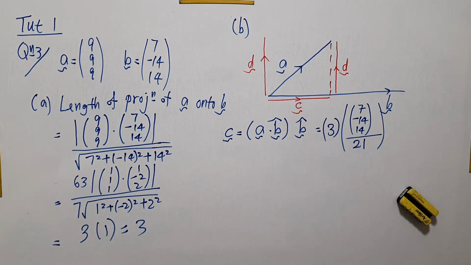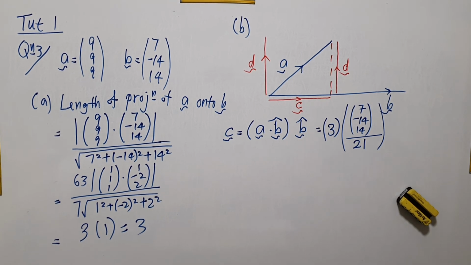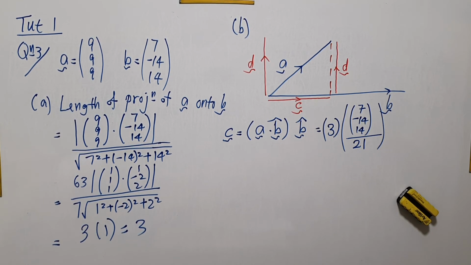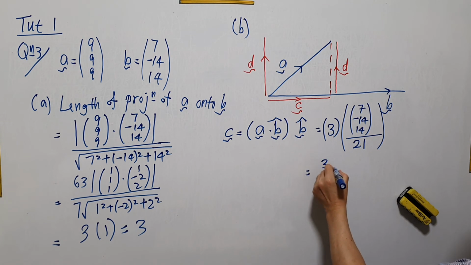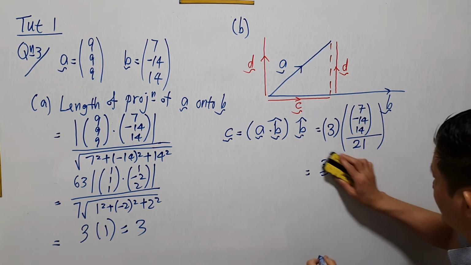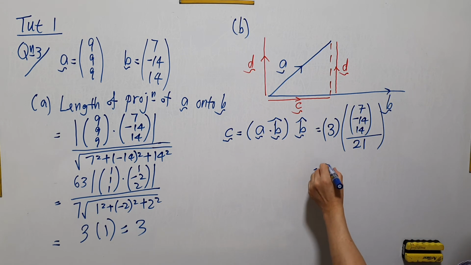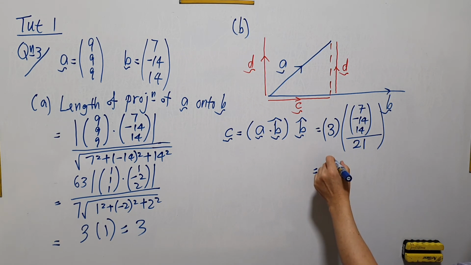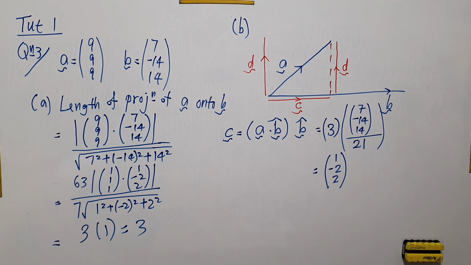Let me double check on my calculator, because we have calculated the same thing earlier. And then this one will give you 3 over 21 times 1, minus 2 and 2. This is the vector C.